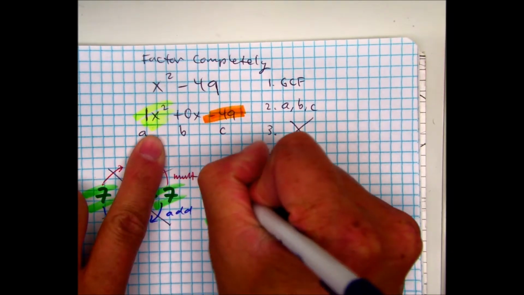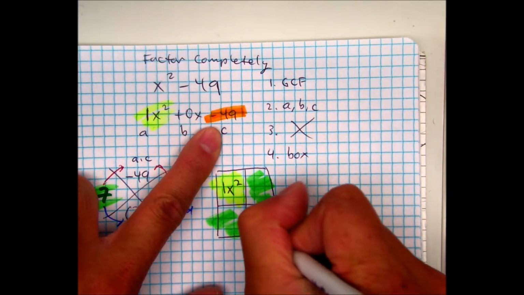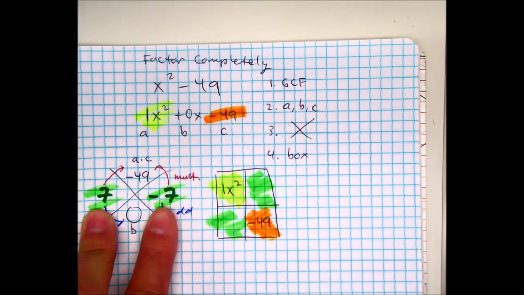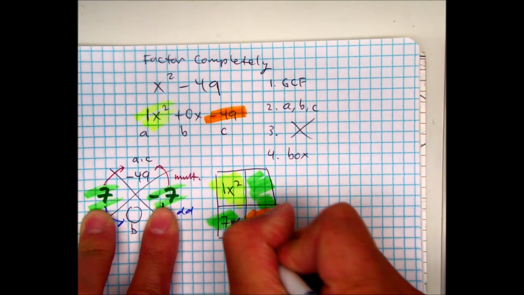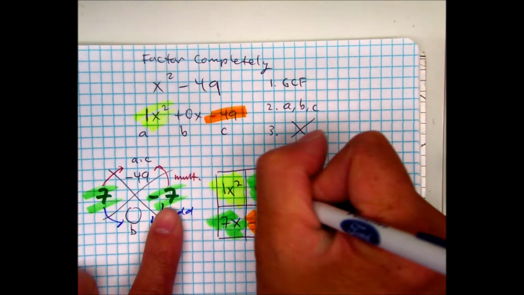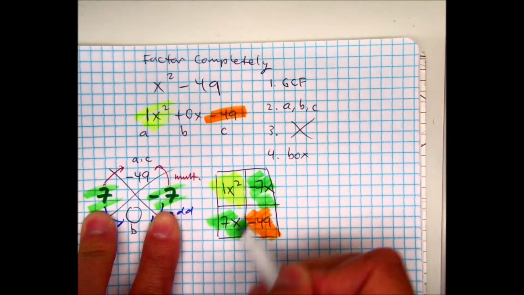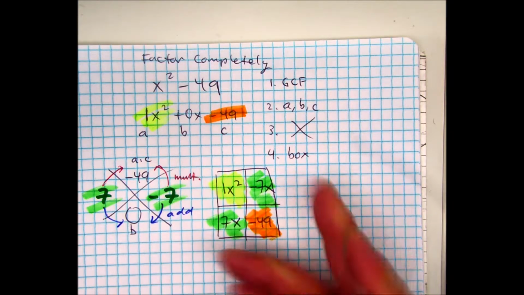So I have a 1x squared. I have a negative 49. These 2, I'm going to have 7, and pay attention, I'm going to add an x, and I have here a negative 7x. So the only difference here in the green is I add in an x. So basically what this does is it splits the middle term.